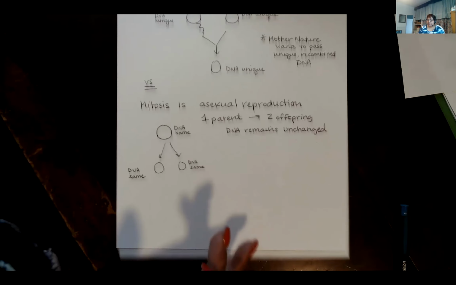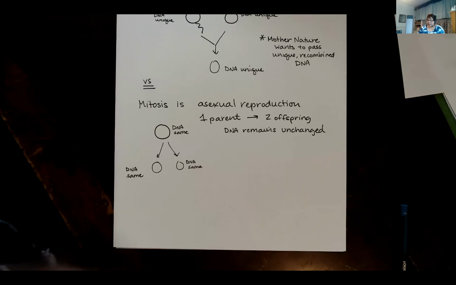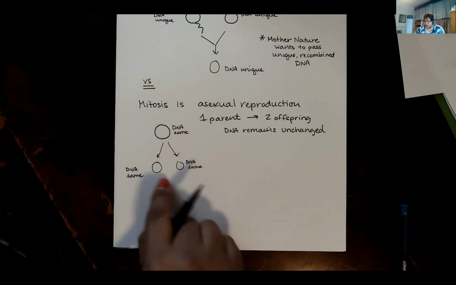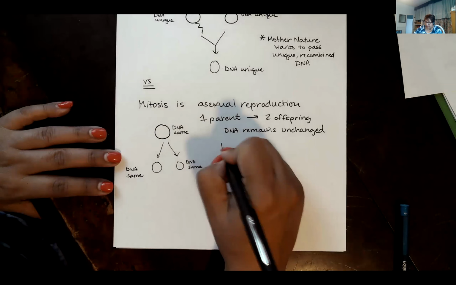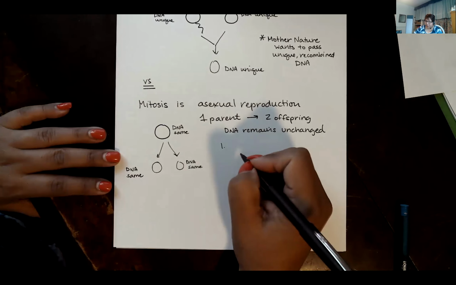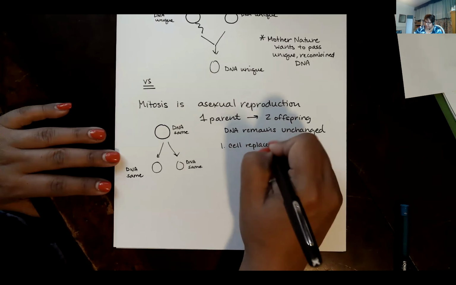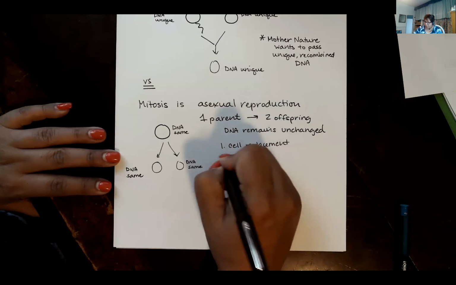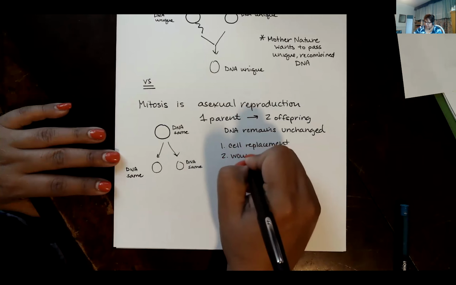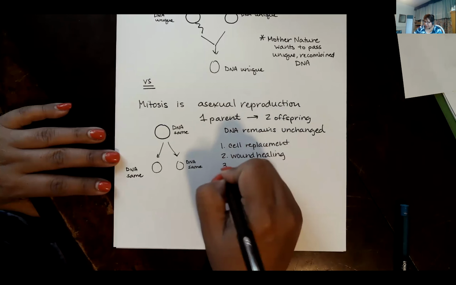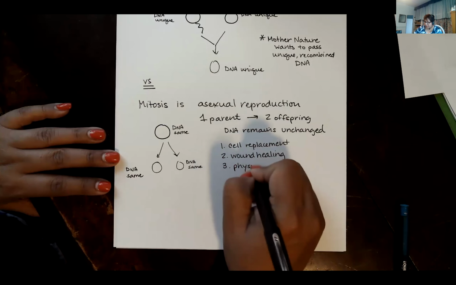Normally, when we're talking about multicellular organisms, we don't create new humans through mitosis. We create new humans this way. We don't create new humans this way, but this is what we do for that list I keep giving you. I hope you know you're going to see it on a quiz. But for cell replacement, wound healing, and for physical growth.